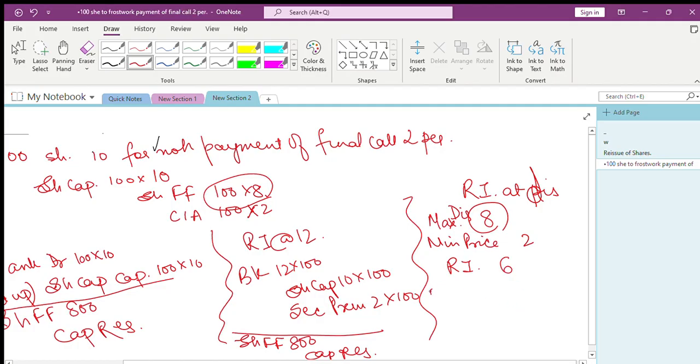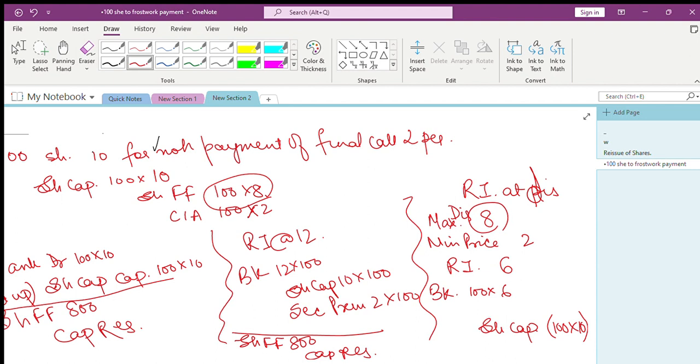So entry becomes bank debit 100 into 6. Share capital gets credited with paid up capital, nothing given. Paid up is equal to called up. This is fully called, 10 gets credited. On a 10 rupee share, we have asked for 6 rupees. We have allowed a discount of 4 rupees.